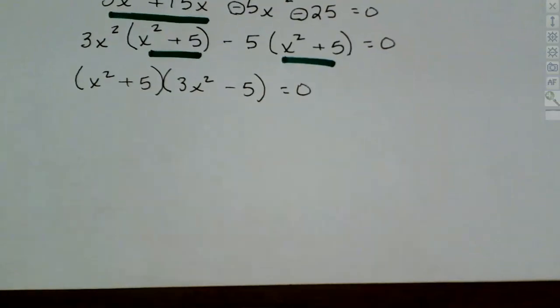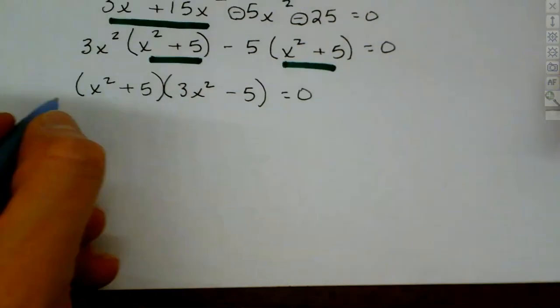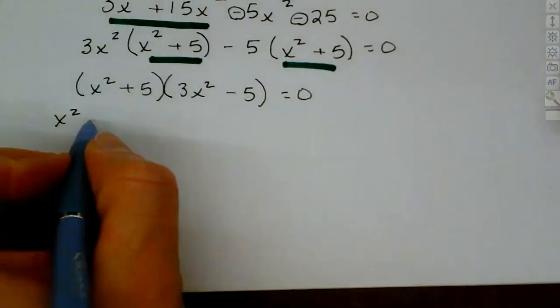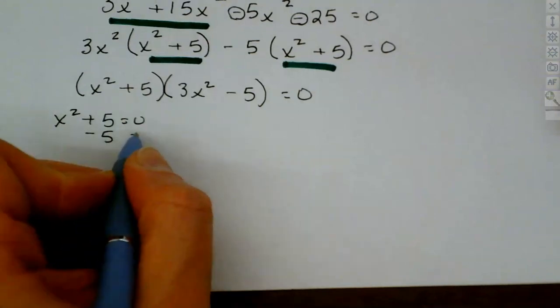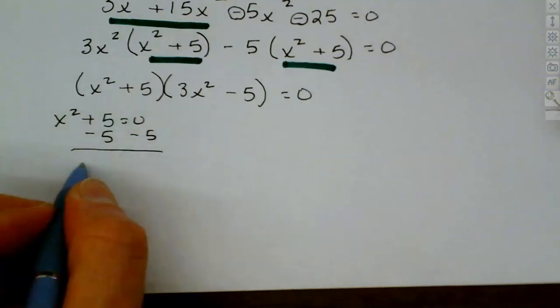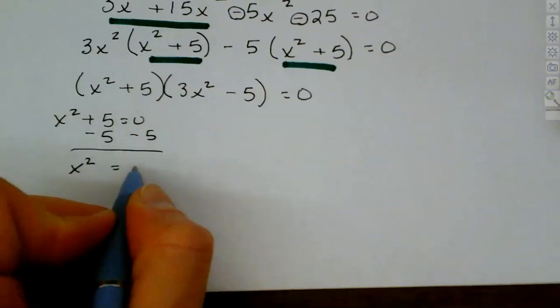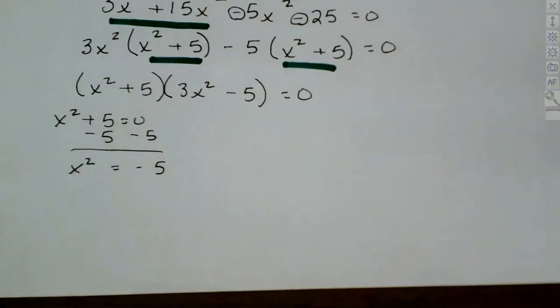So what does it look like for our first 2? Well, that is x squared plus 5 equals 0. We'll move that 5 over. And now we've got x squared equals a negative 5. And how do we finish it? Can someone tell me what to do? We would do what here? Okay, square root.